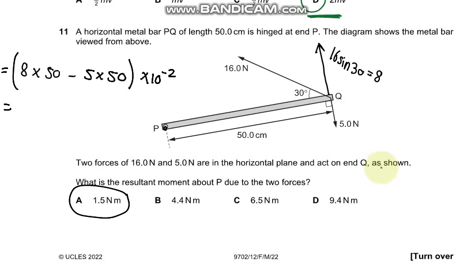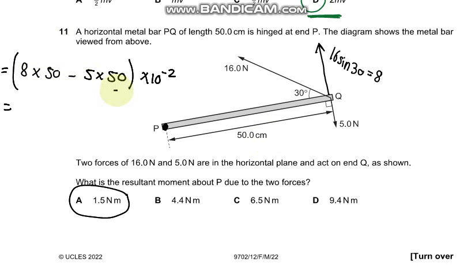So question number 11 says that there is a horizontal metal bar and it has two forces acting, one at an angle and one is vertical. It asks what is the resultant moment about P. If the pivot is P, then 5 multiplied by the perpendicular distance, which is 50.